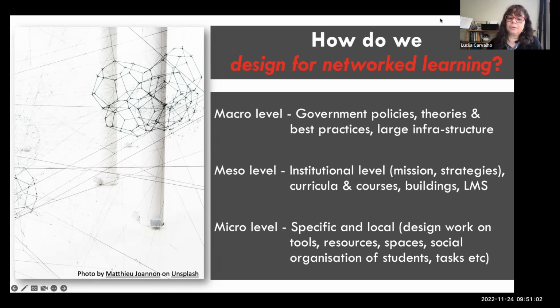And the micro level is the specific and local. So it is the work that you as an educator will be doing in terms of choosing the tools, the resources, the spaces that you have available to interact with your students, how you organize your students socially, and the learning tasks that you ask your students to do.